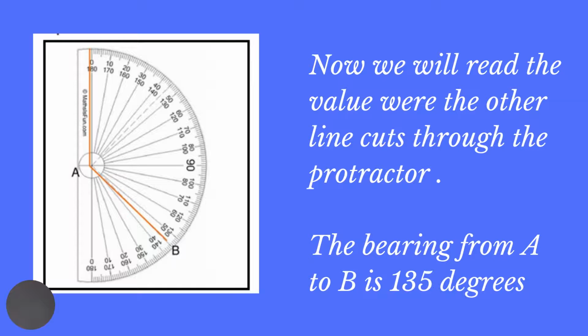Now we are able to read the value where the first line cuts through the protractor. The angular bearing of B from A or from A to B is 135 degrees.